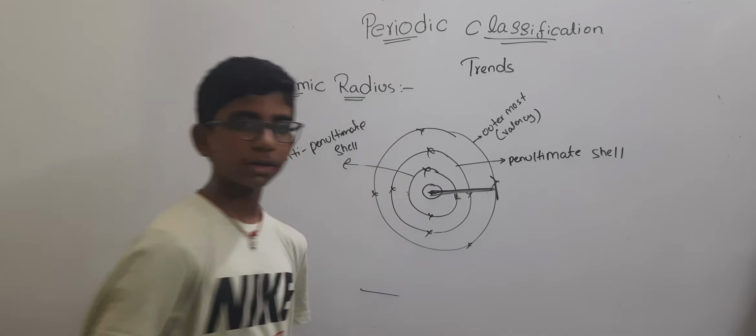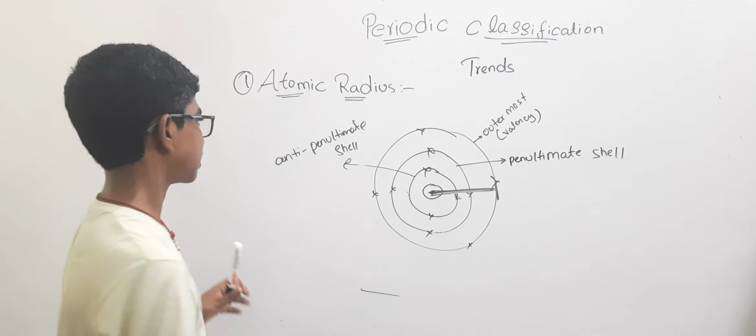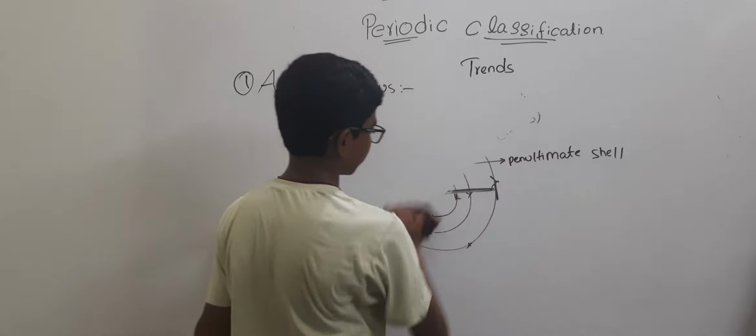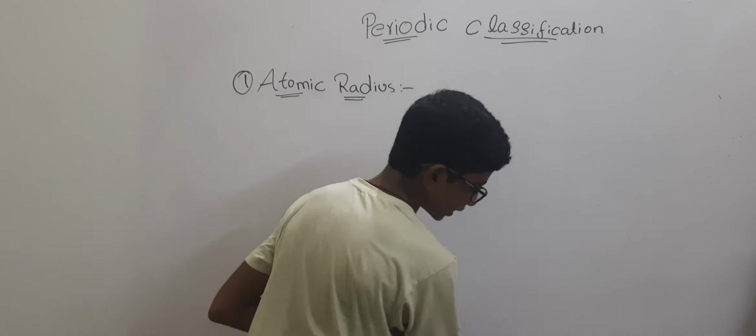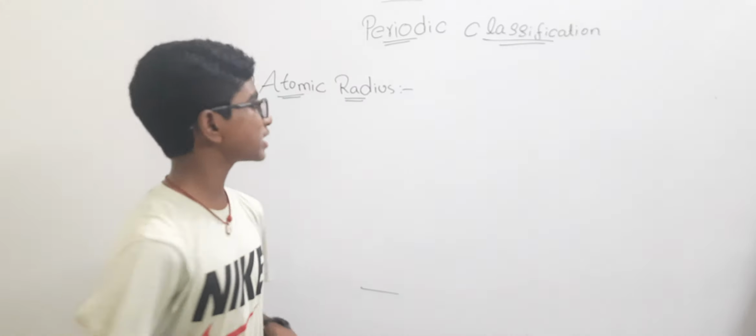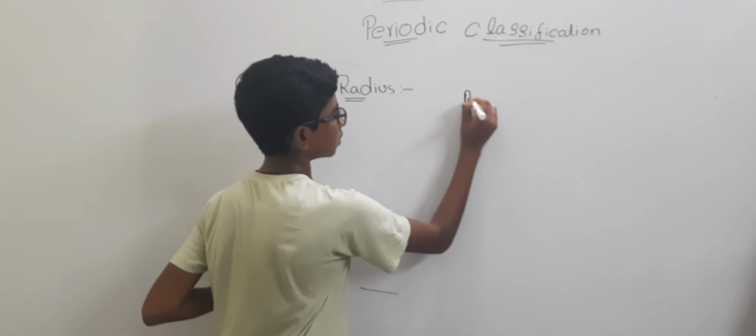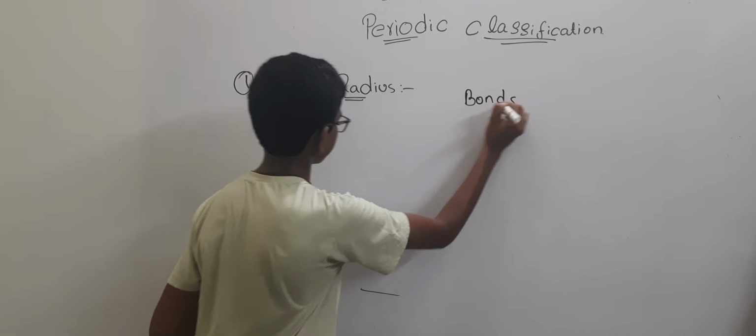Now we discuss the types of atomic radius, depending on the nature of bonding. Atomic radius is classified mainly into three types depending on bonds.